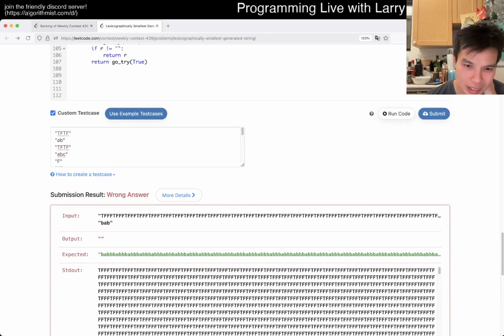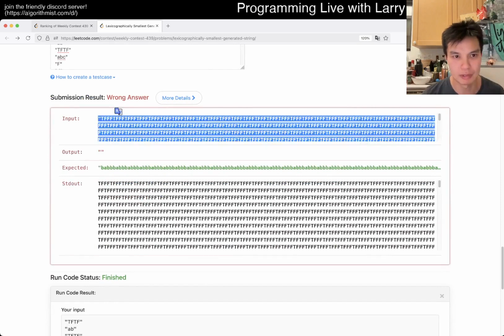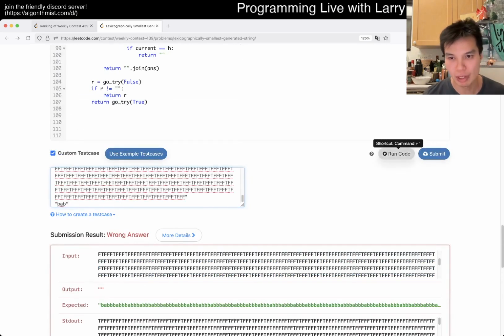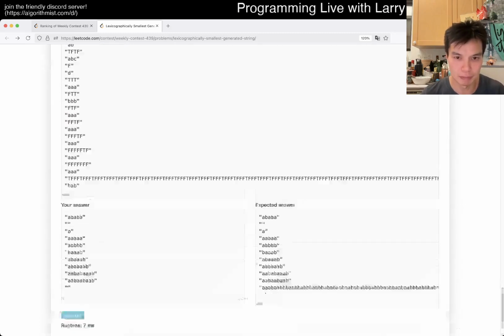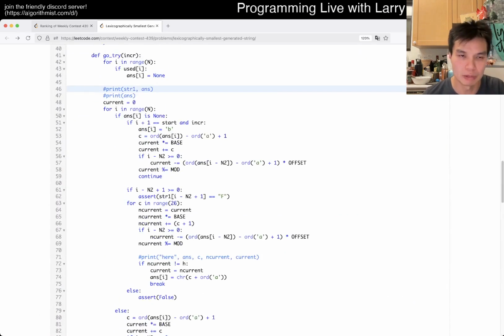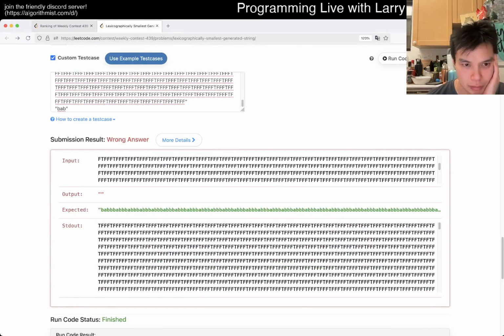I knew it was something like this, where I have all this stuff and I don't know how to debug this. At this point it honestly just means that my idea is wrong. I thought there's a pigeonhole thing, but apparently maybe not.